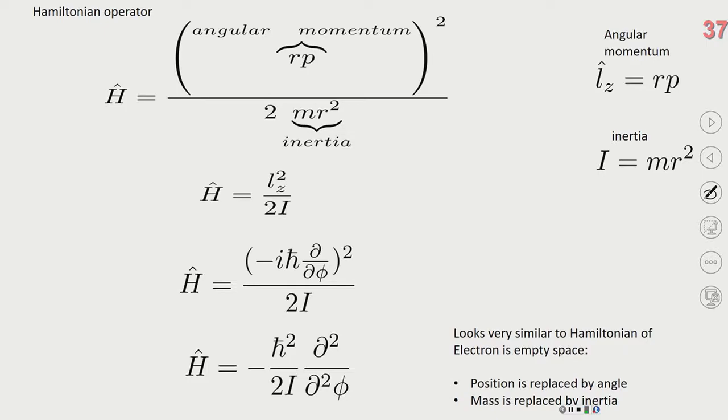Now, how did we express kinetic energy in free space? Negative h bar squared over 2m times momentum, or times the d squared dx.